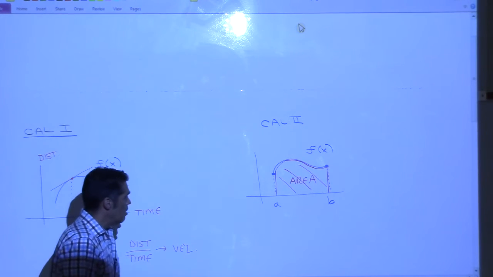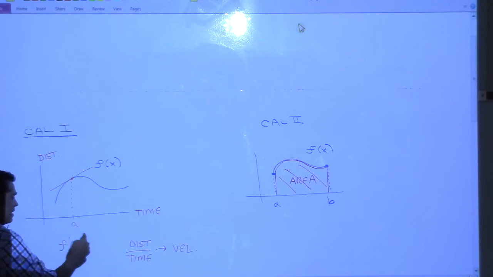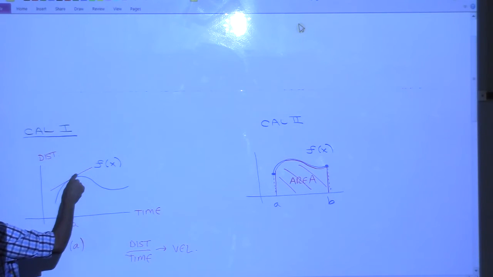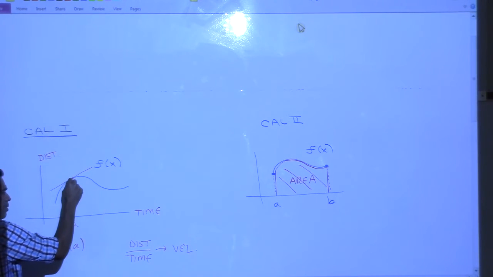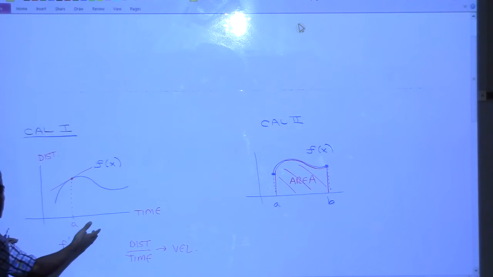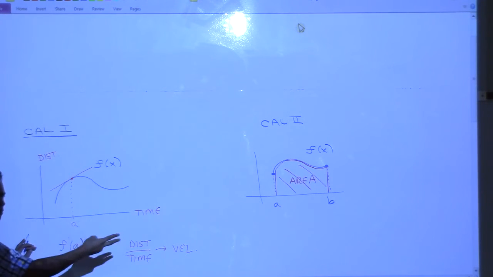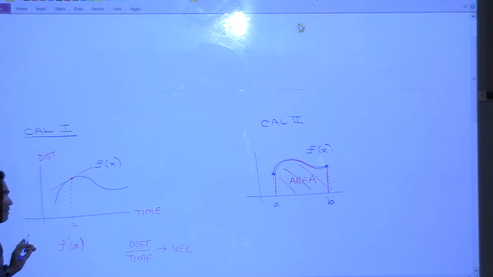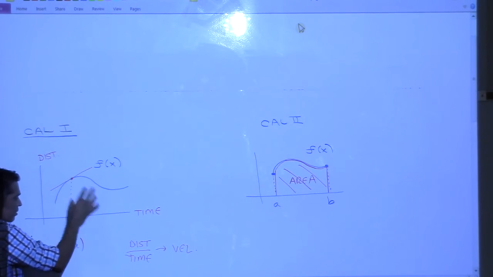Over here, to find the instantaneous rate of change of this function at a specific point, in other words, velocity, we just had to be able to take the derivative of the function. And we learned all the different methods on how to take derivatives. Power rule, product rule, quotient rule, chain rule, and all that good stuff. So we needed derivatives to do this.